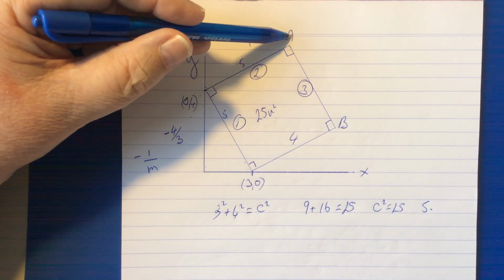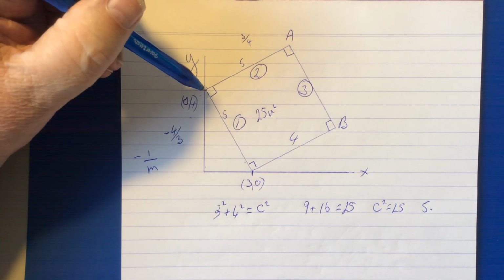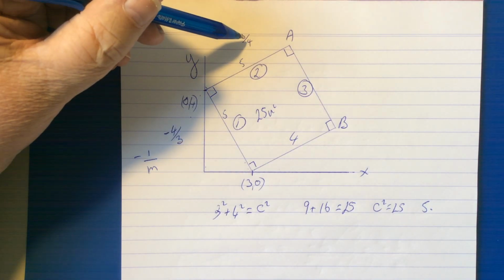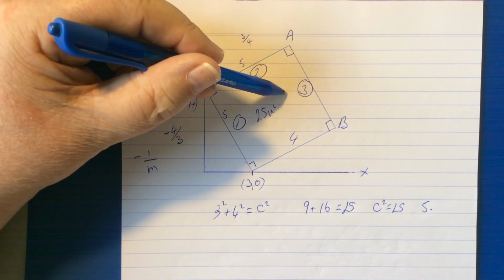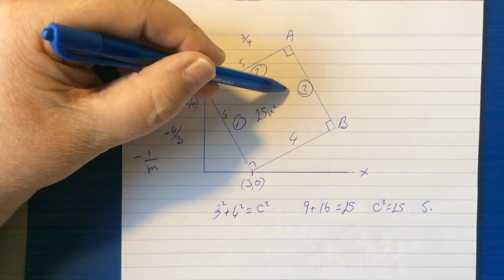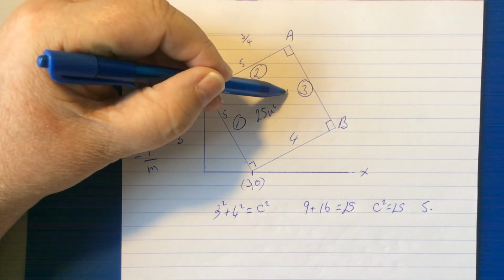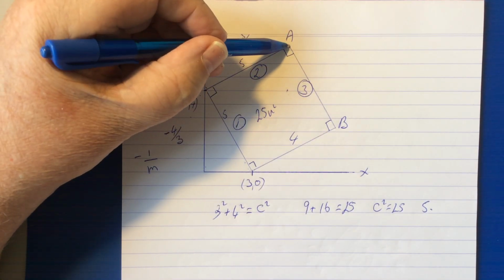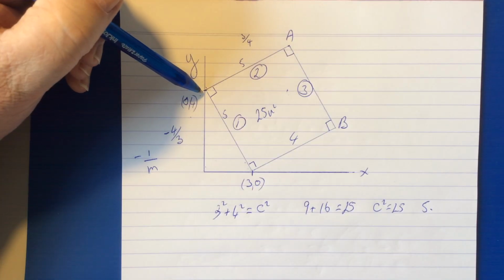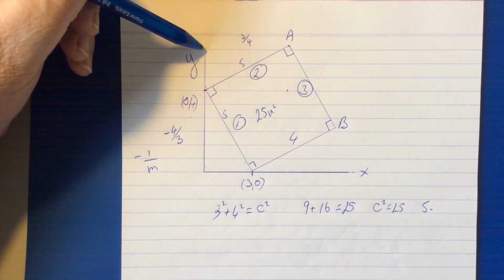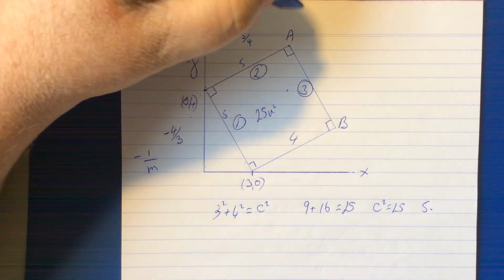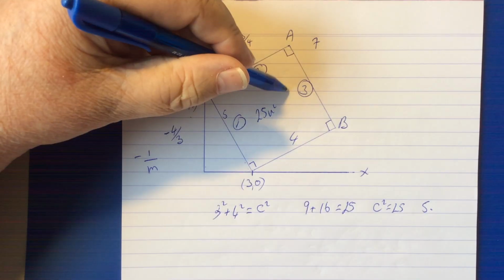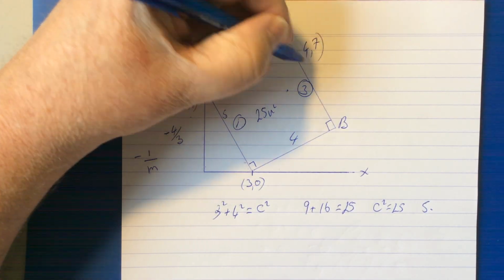Now to find a, what we do is travel 4 in this direction, that's the run, and we go up 3 in this direction. This is not the only way of doing it, but it's a pretty good way. So if this point is 4 and we have increased that by 3, this will be 7, and we have moved 4 in this direction, so this is 4, 7.